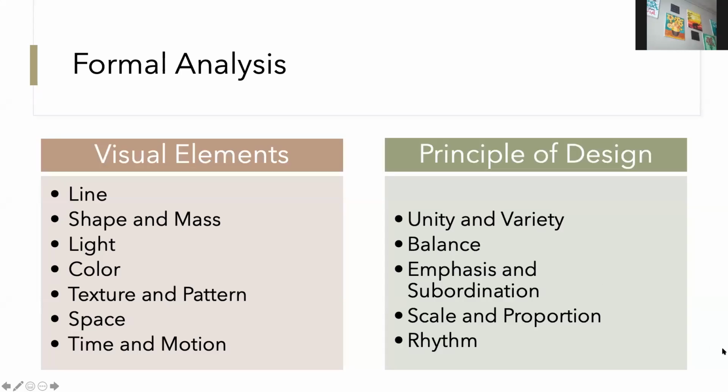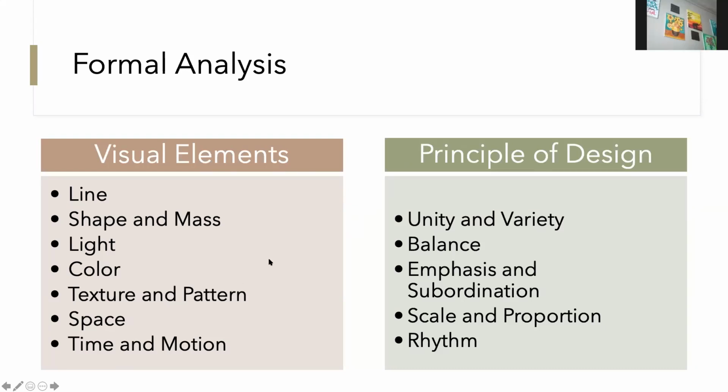All right, so we learned the visual elements and principles of design in the previous chapters. Artists have many tools at their disposal, which we call the visual elements and principles of design. Visual elements include line, shape and mass, light, color, texture and pattern, space, time and motion.